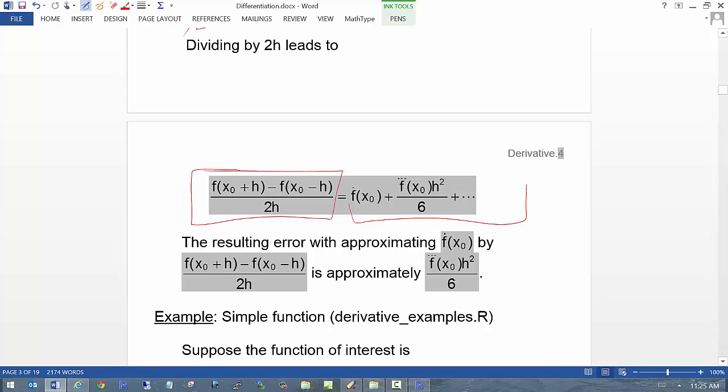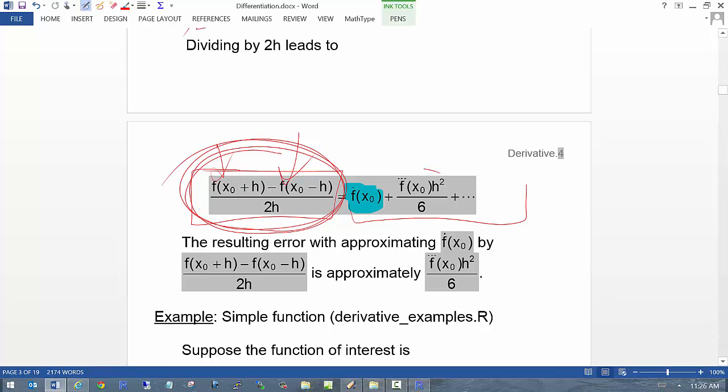Now the really cool thing here is, look what's left: that first derivative of f evaluated at x0. And that's exactly what the central difference formula is trying to estimate, the actual derivative evaluated at x0.